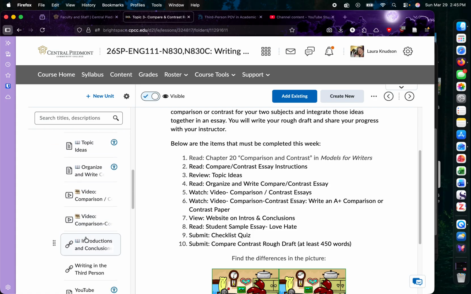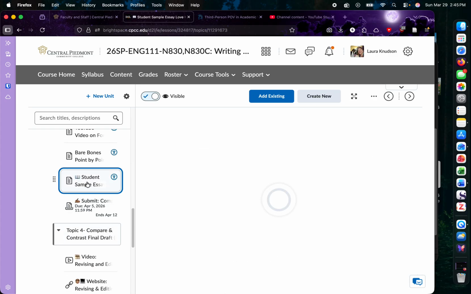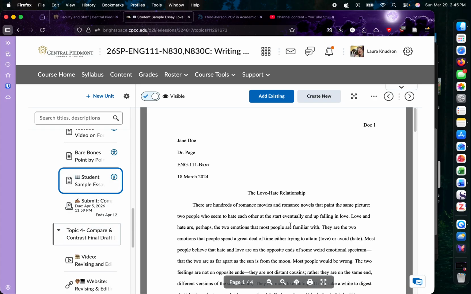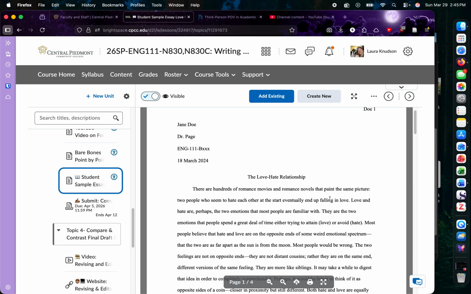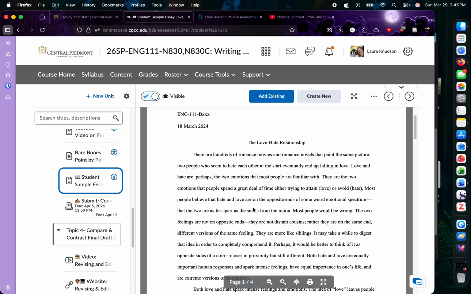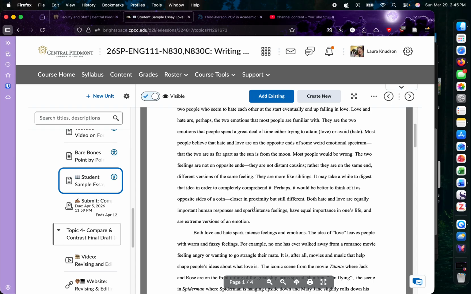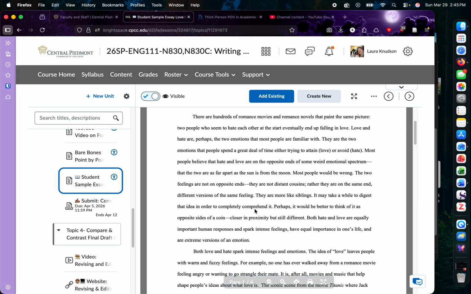Let's see what else. Oh, yes. Let's look at this essay and talk about why it works as a good example. We have an opening paragraph that gives us exactly what we're looking for here. A good hook, a good grab for your reader to say, okay, this is different.